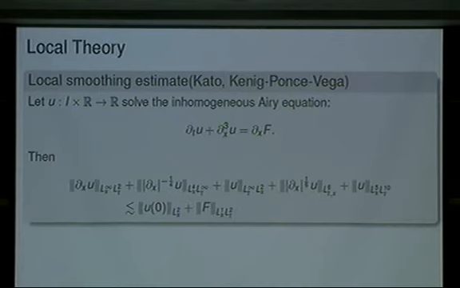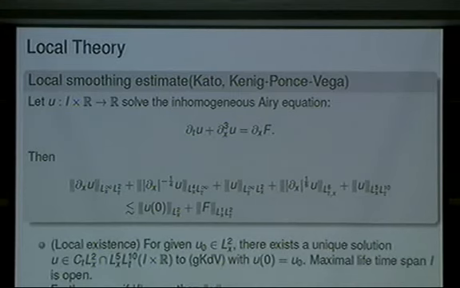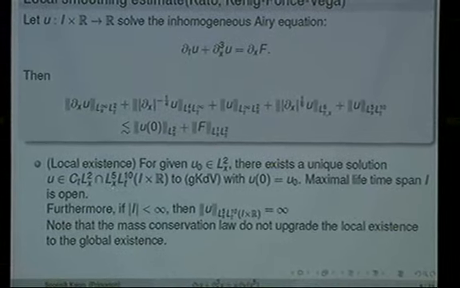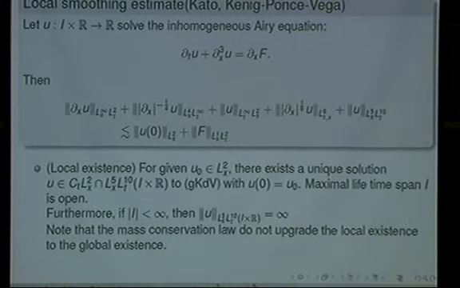So for the mass critical case, when p is 5, we are going to use a Picard iteration to obtain the local existence in the L5, L10 norm: L5 in space, L10 in time.